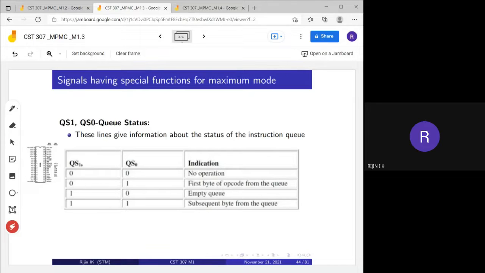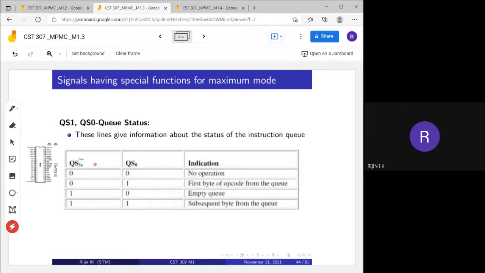These two status pins, QS1 and QS0, give the information about the status of that 6-byte instruction queue.